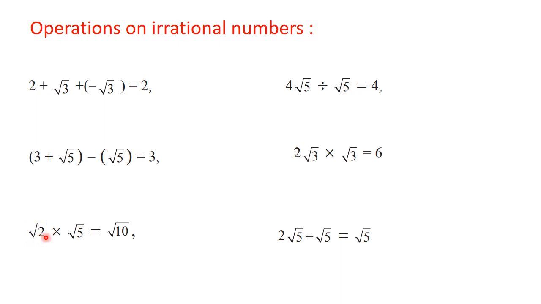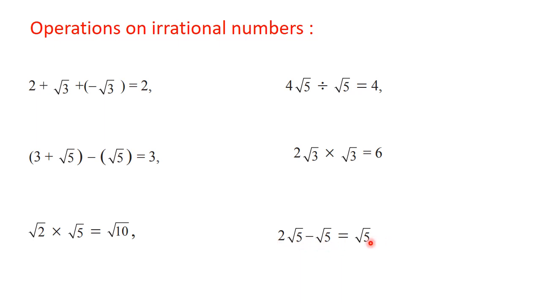Now you can see these examples. Root 2 is irrational and root 5 is also irrational, and its product root 10 is also irrational. So here you can see this product is rational but this is irrational. So both things are possible. Similarly, this is an example of subtraction now: 2 root 5 minus root 5, the answer is root 5, like 2x minus x is x.